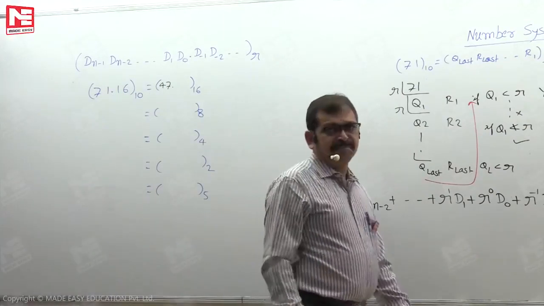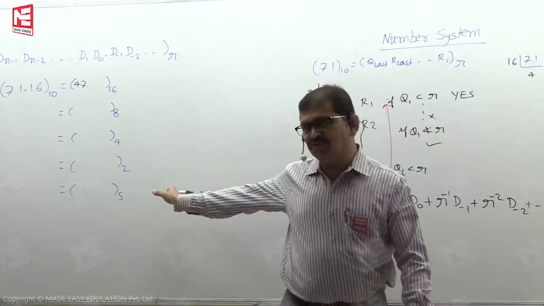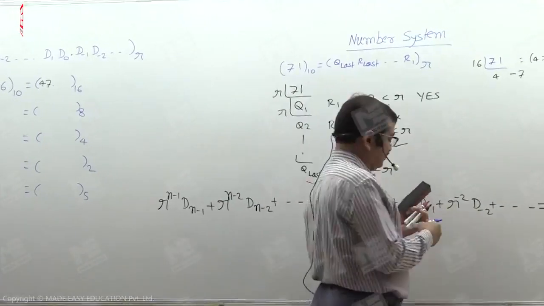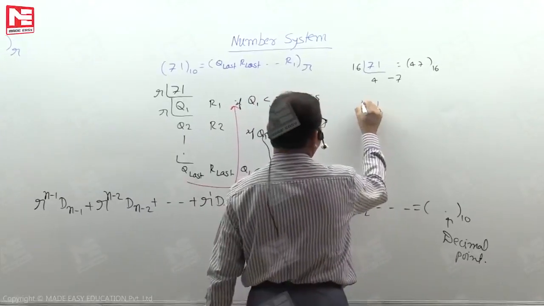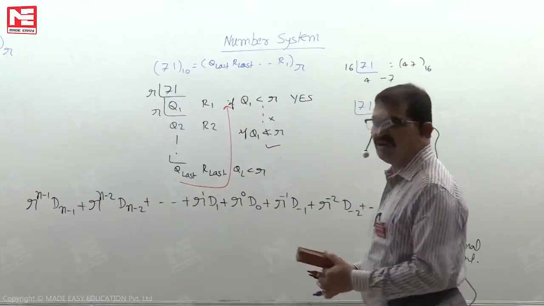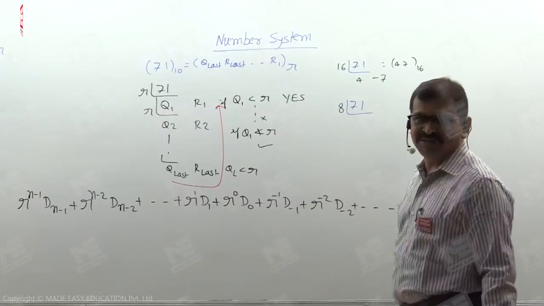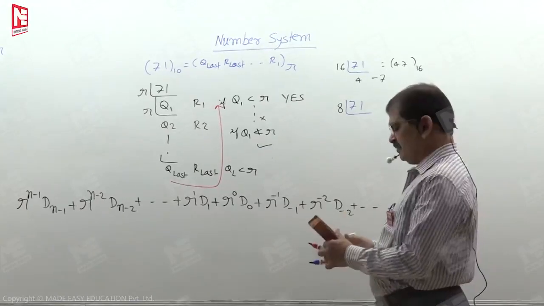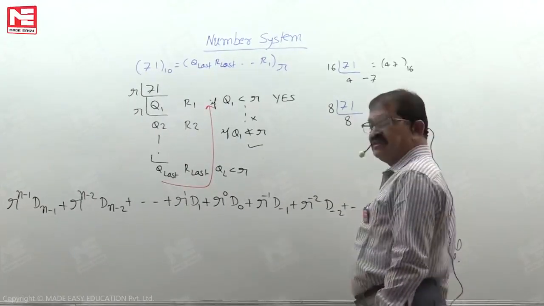Similarly, let us try octal, and then the others. For the equivalent octal number, this number must be divided by the radix 8. 8 8s are 64.